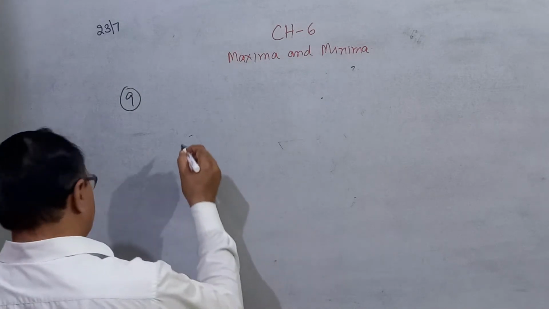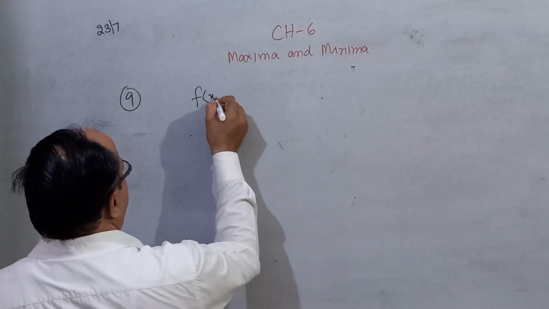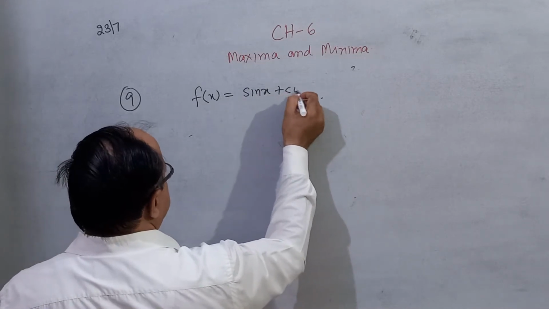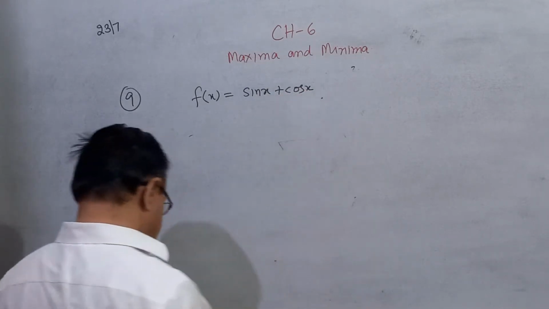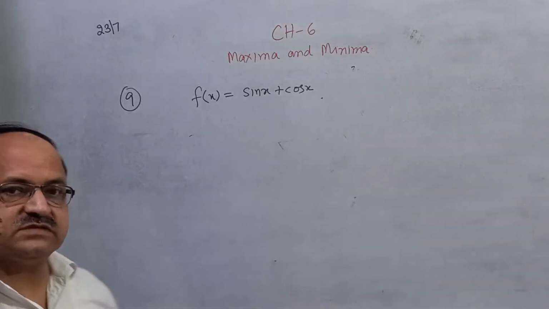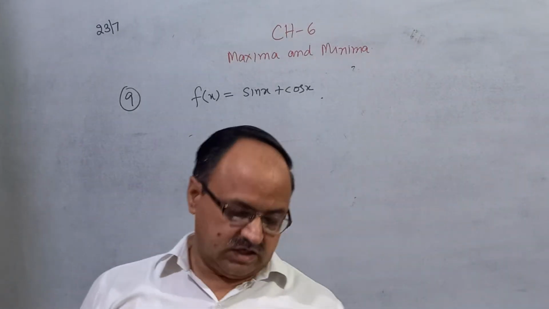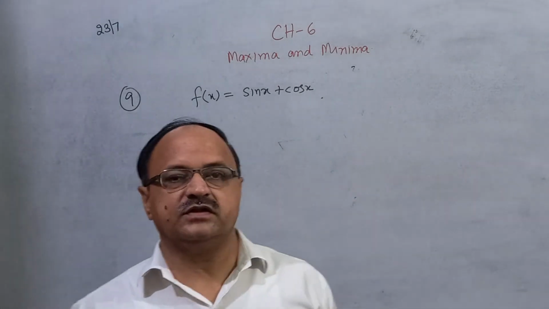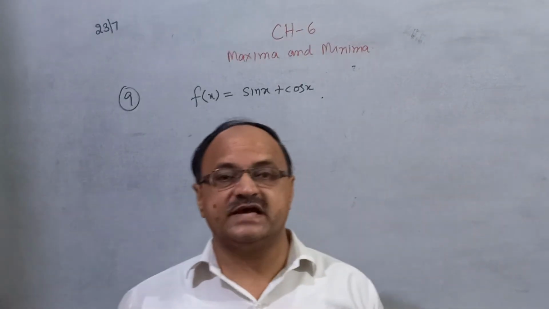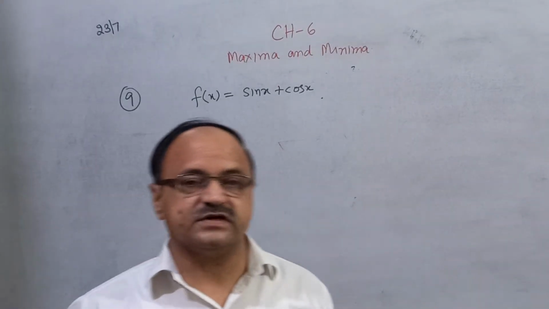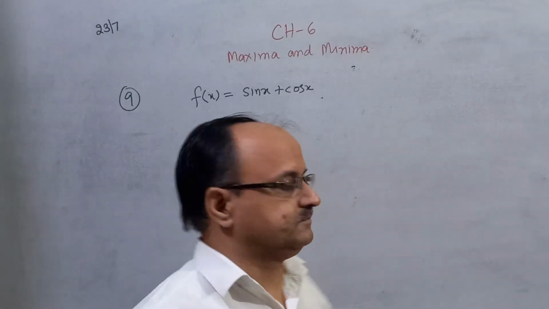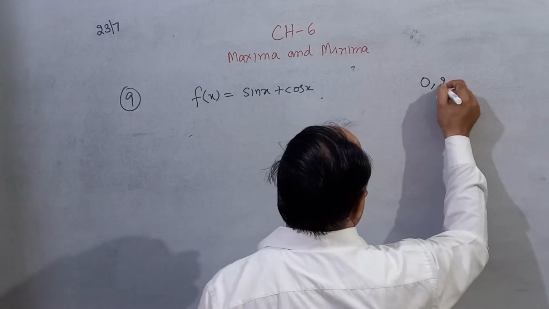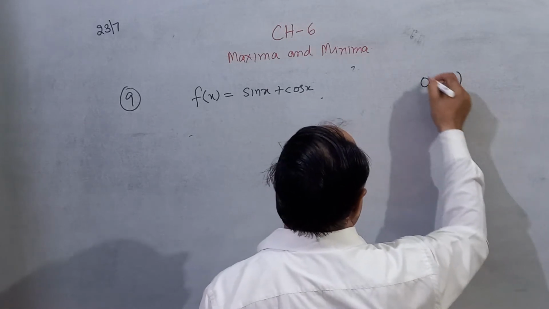What is the maximum value of sin x plus cos x? If interval is not given, then we find local maxima, local minima, and in the trigonometric function, the standard interval is 0 to 2 pi. Standard interval 0 to 2 pi. Correct?